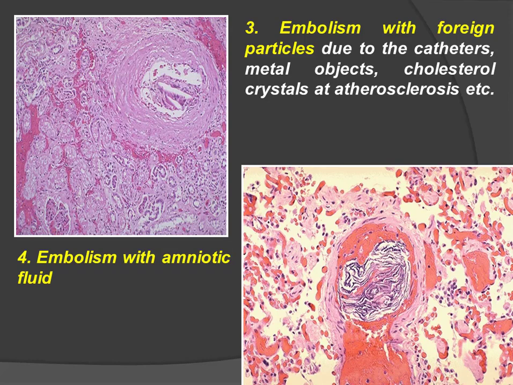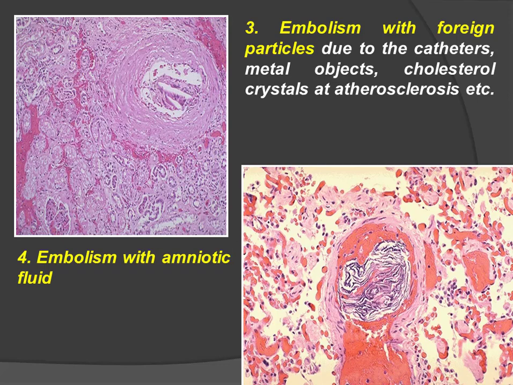Also, this type of embolism includes emboli resulting from calcification and conglomerates of cholesterol crystals in atherosclerosis. And amniotic fluid embolism. This is the most serious, unpredictable, and unpreventable cause of maternal mortality.